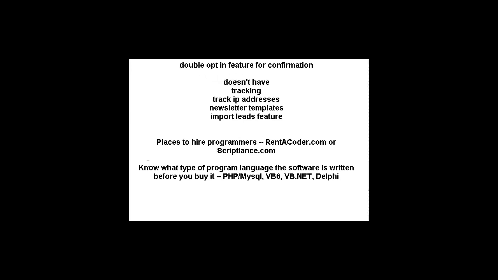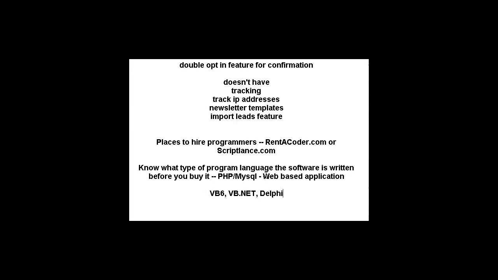So as you can see here, know what programming language the software is written in before you buy it. As we mentioned earlier, PHP and MySQL are both open source programming languages, so you'll have a higher percentage of people that use it. PHP and MySQL are web-based applications. What that means is that they're internet-based, so you can use them with the internet.